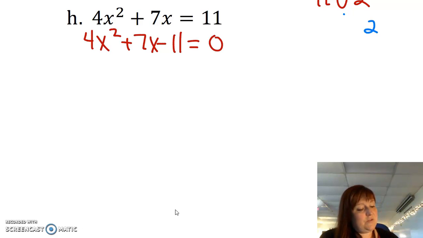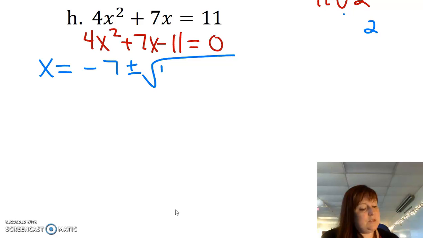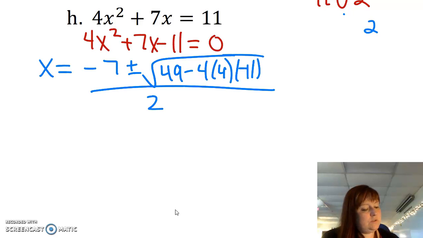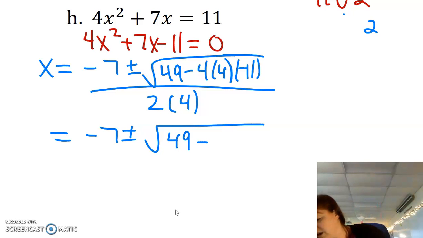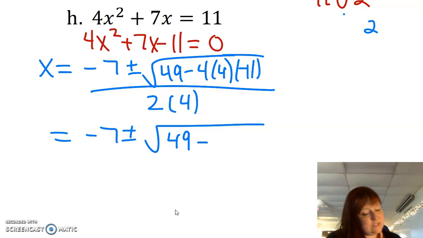All right, so let's see, I'll do another color for you. x is equal to negative b plus or minus the square root of b squared minus 4ac all over 2a. All right, so that's negative 7 plus or minus the square root of 49 minus 4 times 11 is 176.